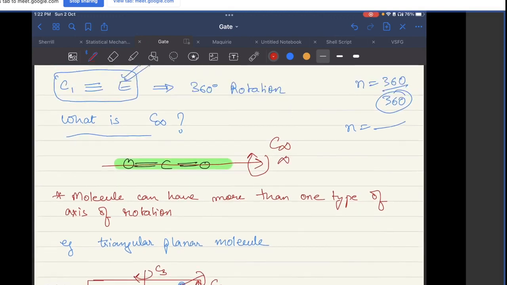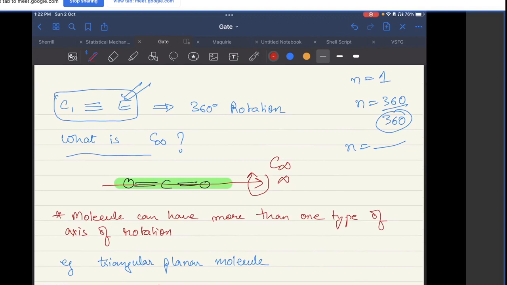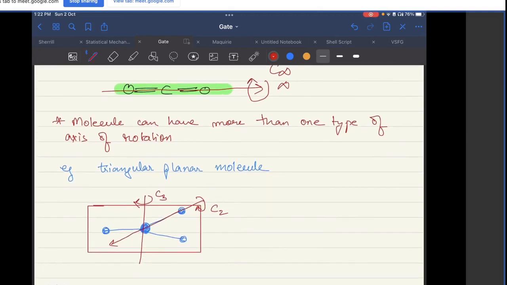So the molecule can have more than one type of axis of rotation. There is a point you should note: it is not particular that a molecule can only have C2 or C4 or C3 rotational axis, but it can have both, or more than one axis of rotation. So for example, you can see that this is a triangular planar molecule.